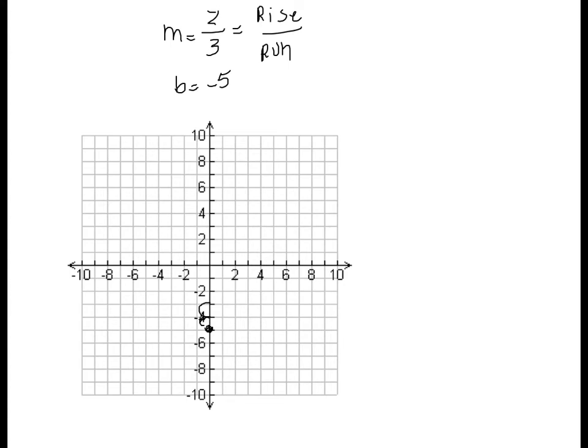And then we are going to go right 3 units because it's positive. So we go 1, 2, and 3. And we get to this point. And then we connect these 2 points together to get a line representing the equation.